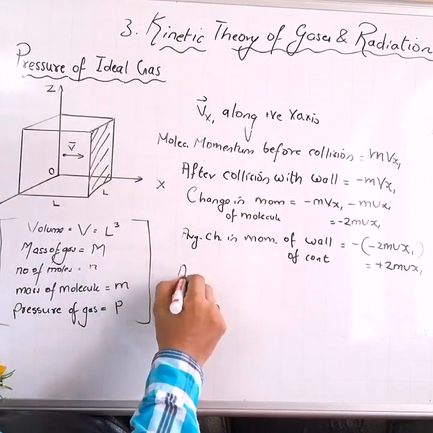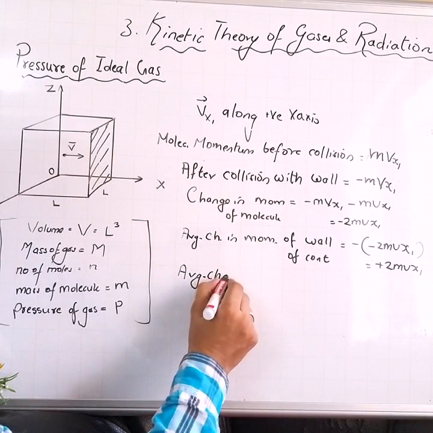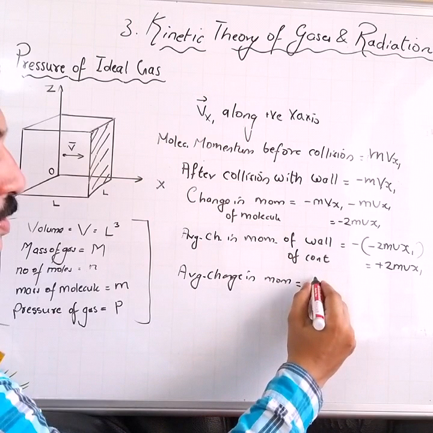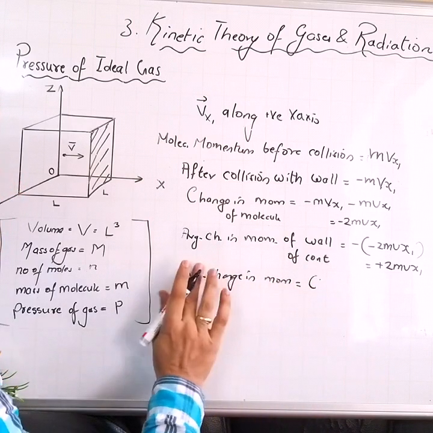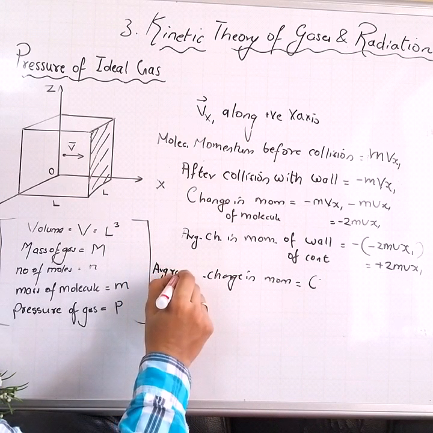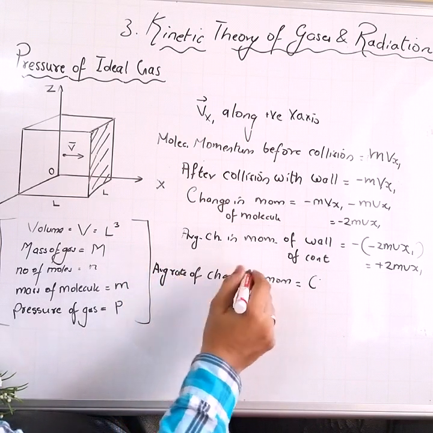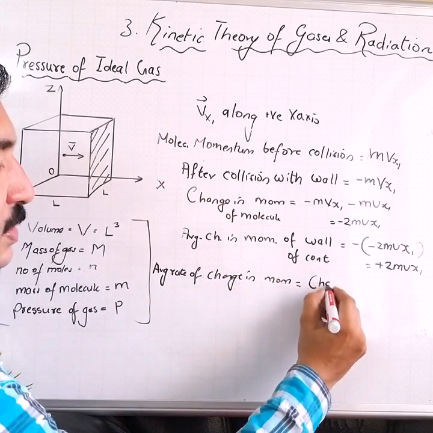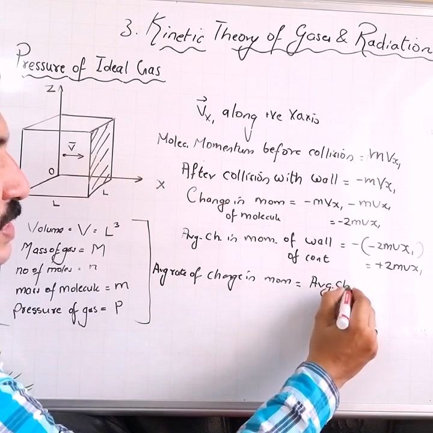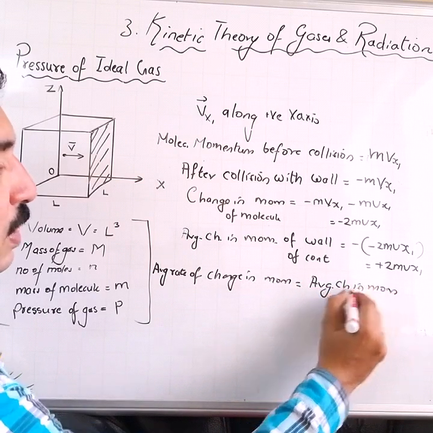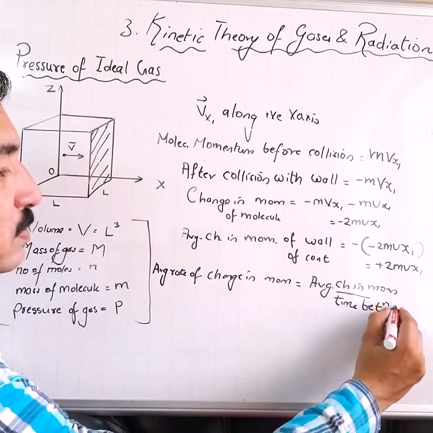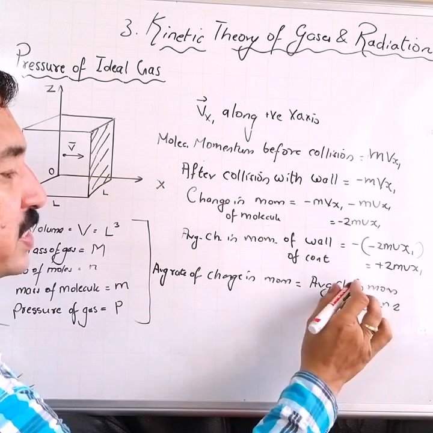The average rate of change in momentum is the average change in momentum upon time between two collisions.